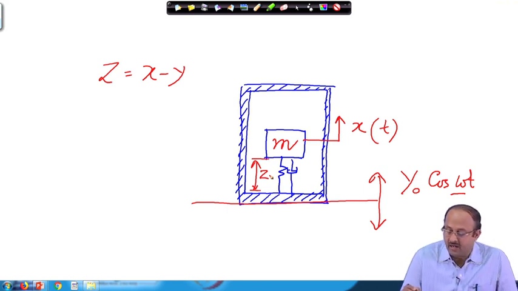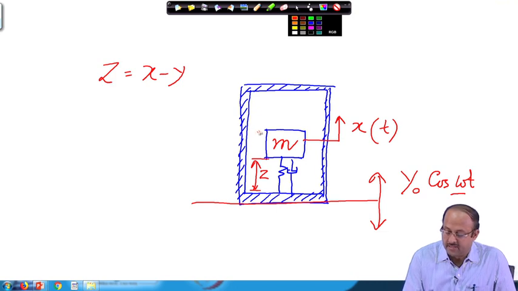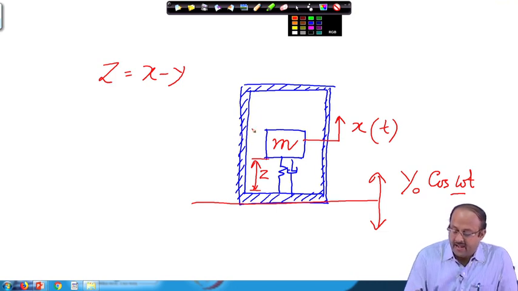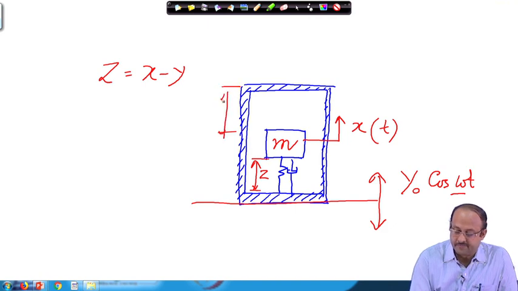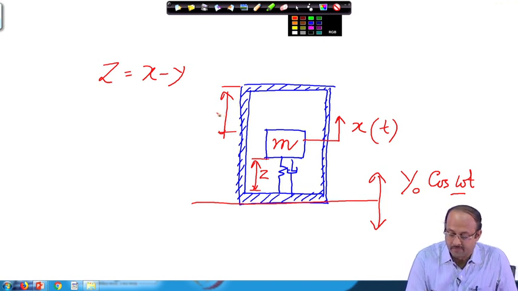Then what will happen? This mass will start moving upward, and this relative distance will change.